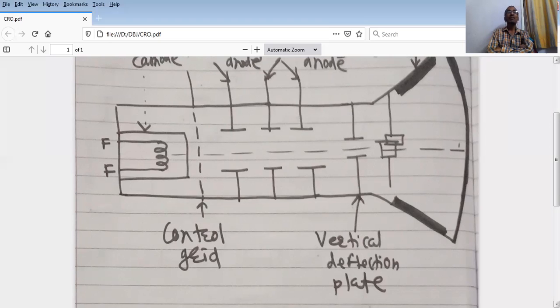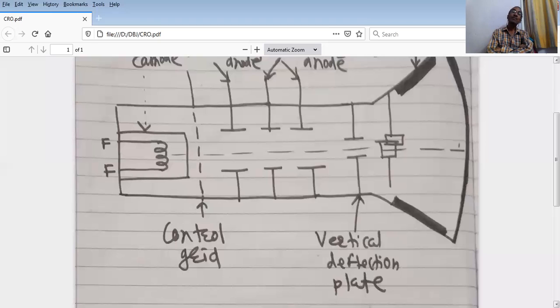Second, there is a problem: a large number of electrons come out. How to avoid that? That is avoided by applying negative potential to the control grid. Next problem they faced: the electrons coming out from the cathode have very low speed. Then to increase the speed, positive potential is applied to the accelerating anode.